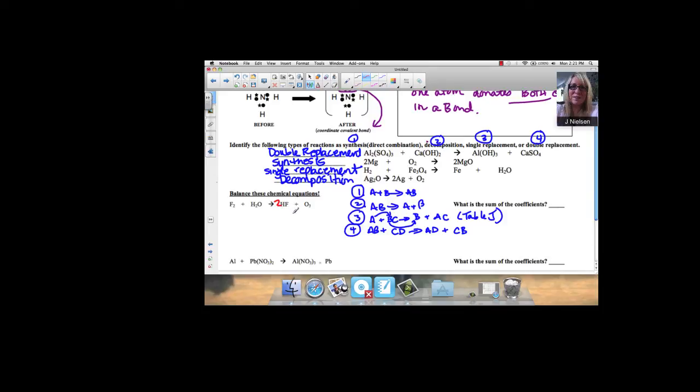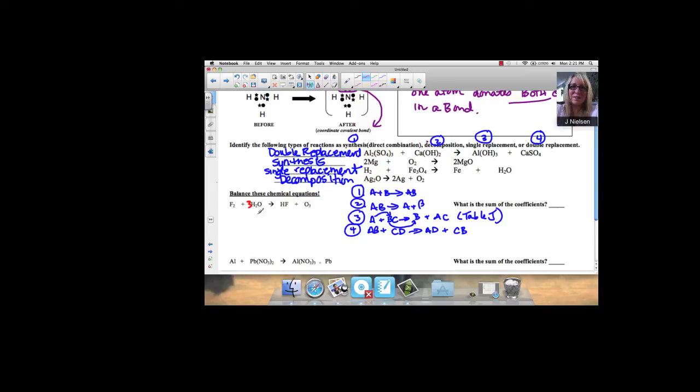However, I have three O's here. So this is a problem. So we want to balance our O's first. Let's put a 3 here. This now gives me 3 O's and 3 O's.